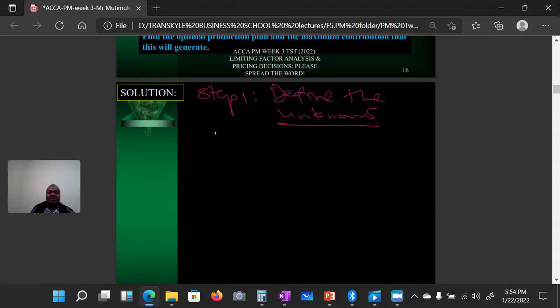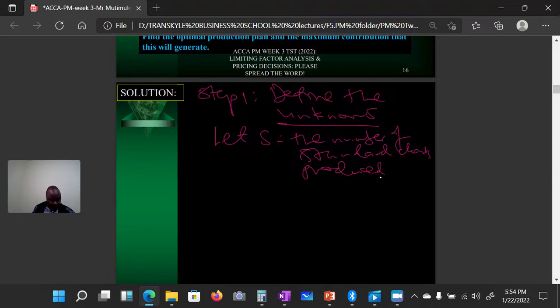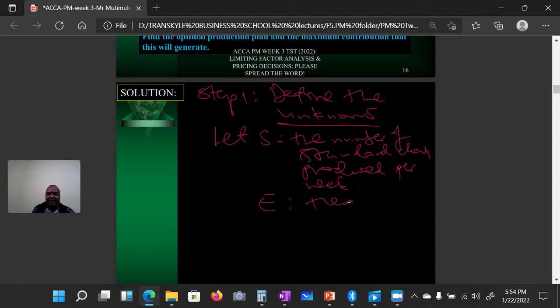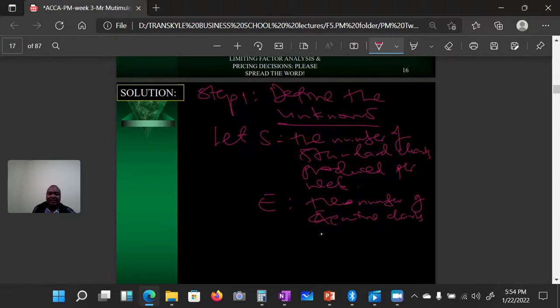This is where we say let S be the number of standard chairs produced per week. Then let E be the number of executive chairs produced per week.